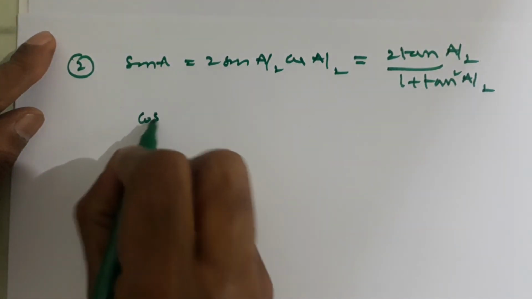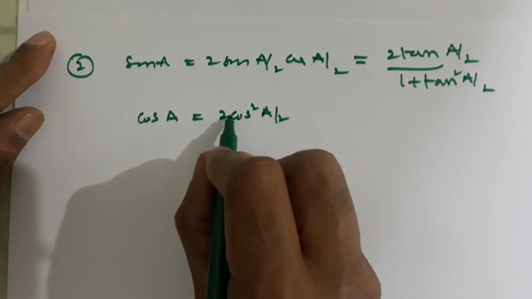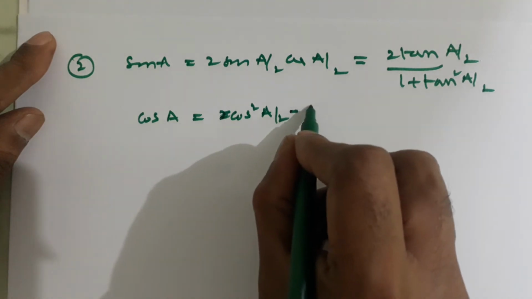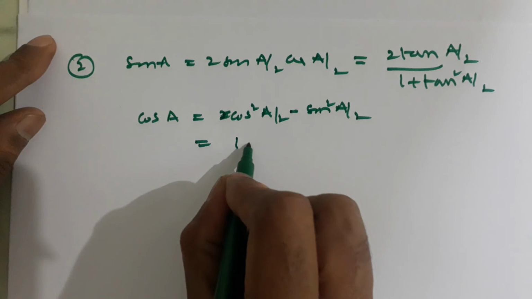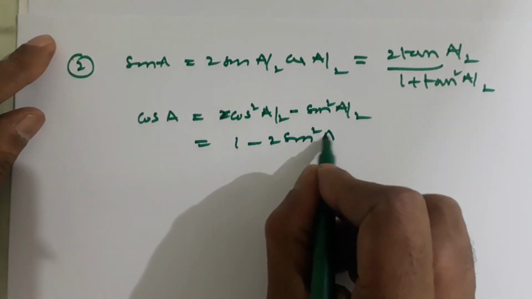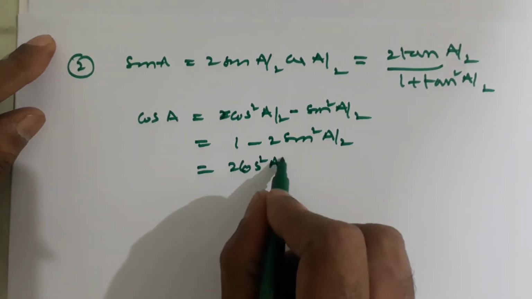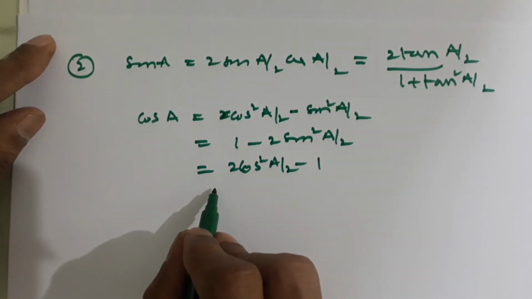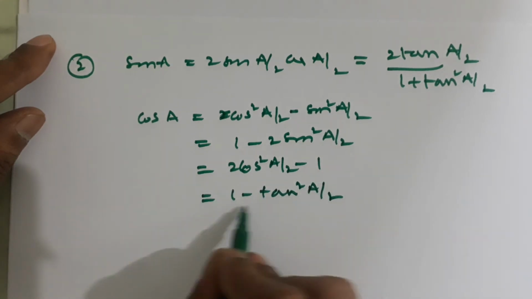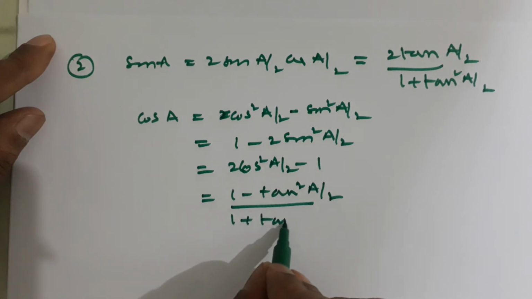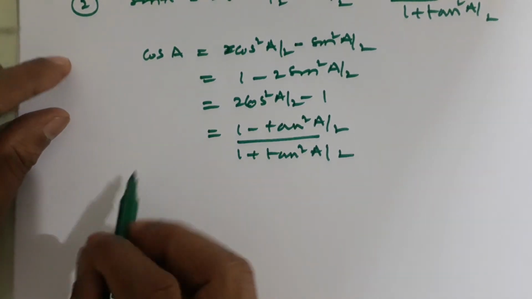Cos A is equal to cos square A by 2 minus sin square A by 2 is equal to 1 minus 2 sin square A by 2 or 2 cos square A by 2 minus 1. In terms of tan, it is 1 minus tan square A by 2 divided by 1 plus tan square A by 2. Next, these are all submultiple.